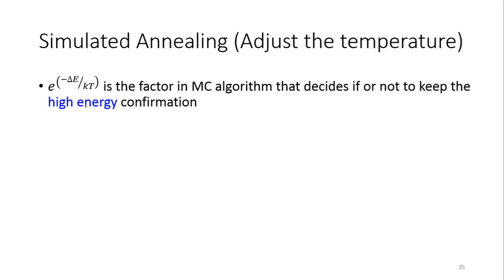Since temperature is in the denominator of this term, if we keep the temperature at higher values, the overall value of the term delta E by kT would be small, right?